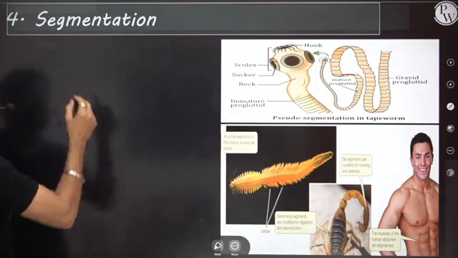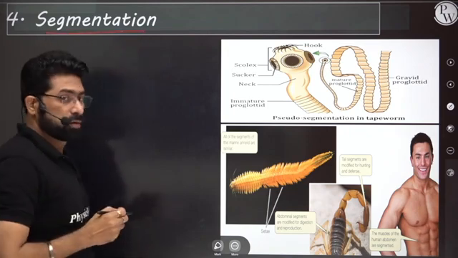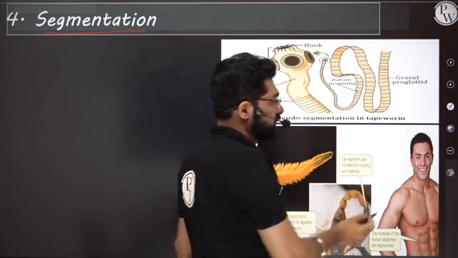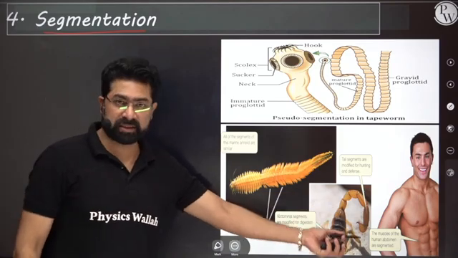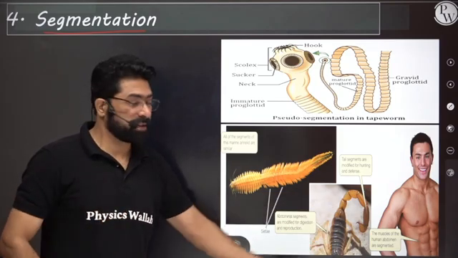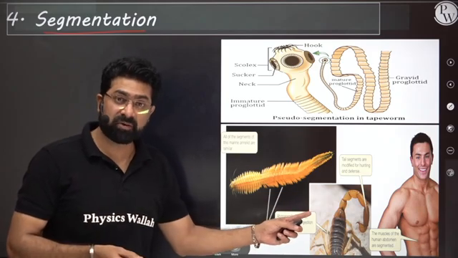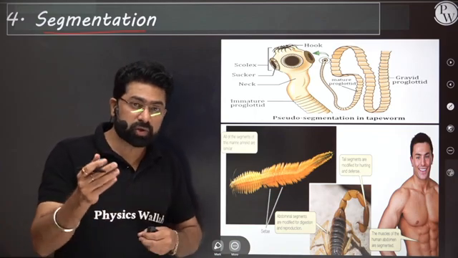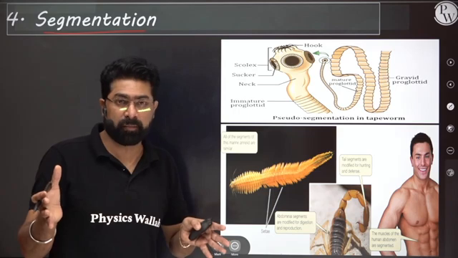So let's talk about the next criteria for classification, that is segmentation. Now, do you have segmentation? Yes. You can see here, this is an individual who has six packs. The six packs which you develop are a perfect example of segmentation. Why? Because we have taken origin from fish-like organisms.